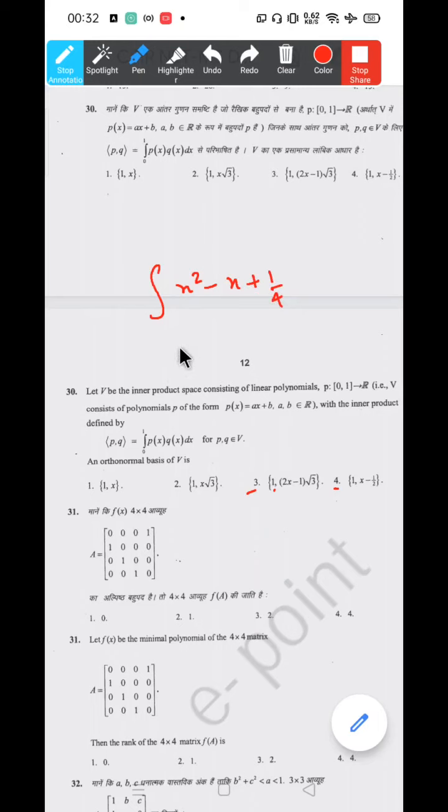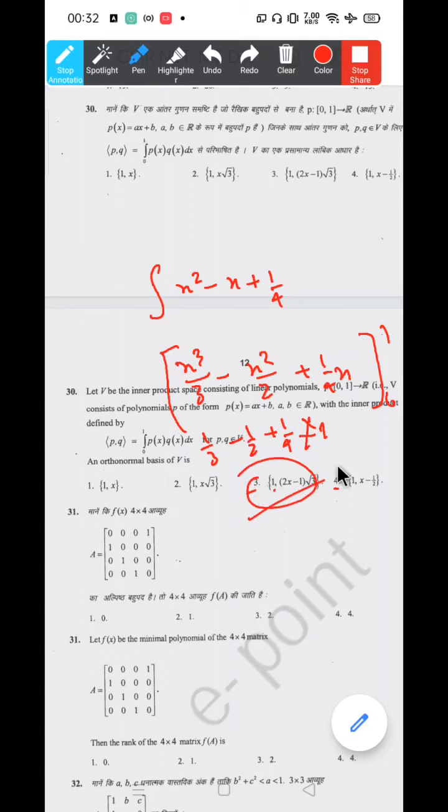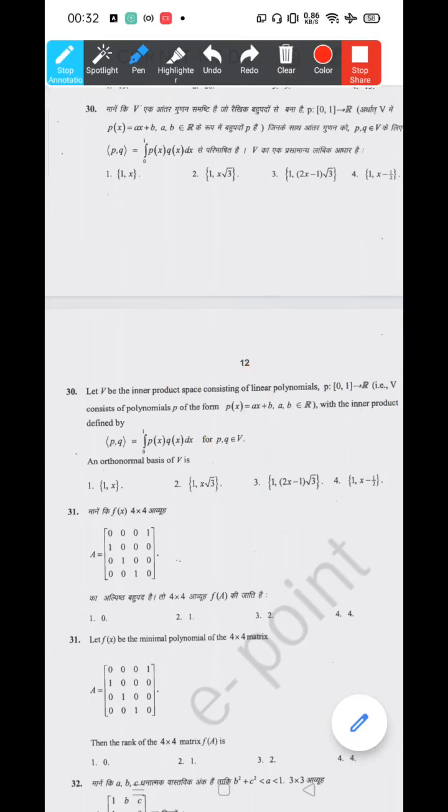Take the integration, this will be x cube by 3 minus x square by 2 plus 1 by 4 x. Put the values 0 to 1. If I put 1, this will be 1 by 3 minus 1 by 2 plus 1 by 4. That is not going to be 1, that is for sure. So option 3 will be the correct one. Yes. Let us go to the next one.